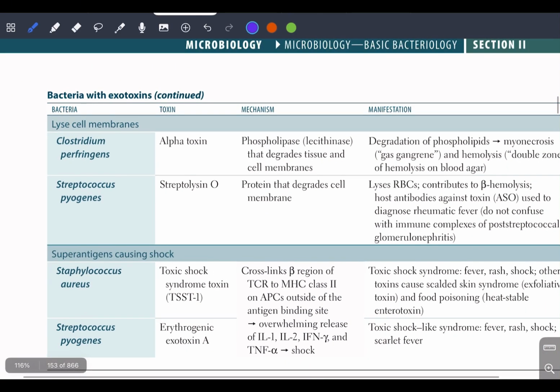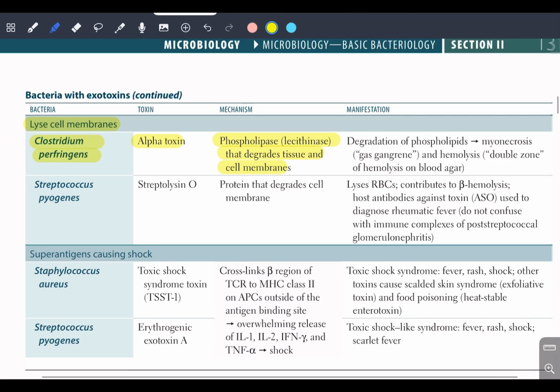Then another mechanism, which is lysis of the cell membrane, is seen with Clostridium perfringens. Clostridium perfringens produces alpha toxin, a phospholipase, that degrades tissue and cell membrane.